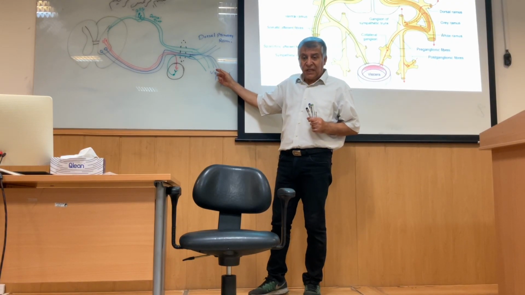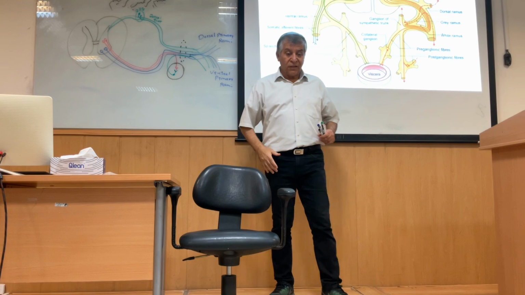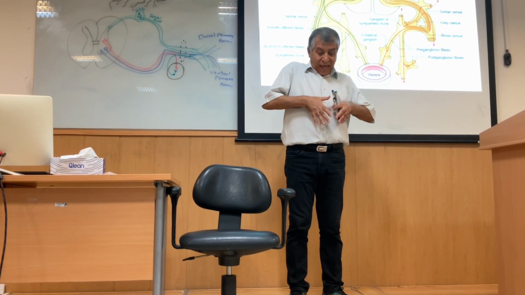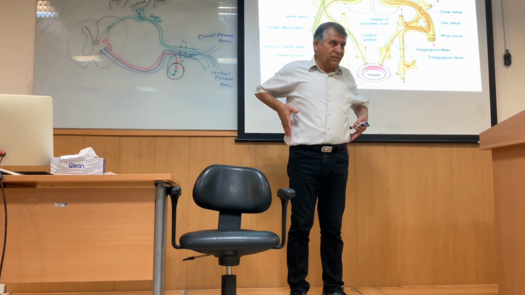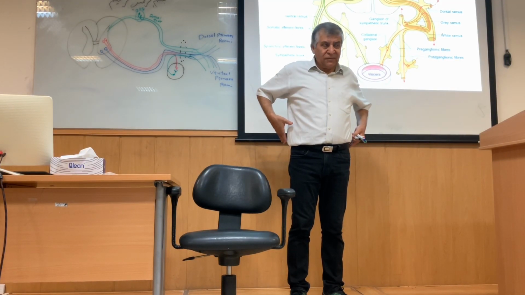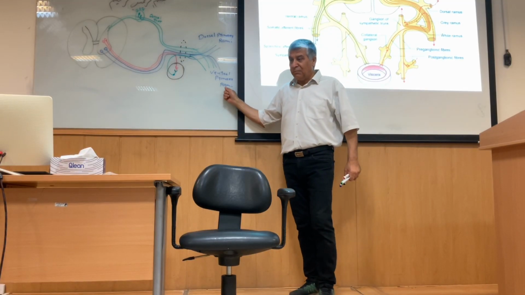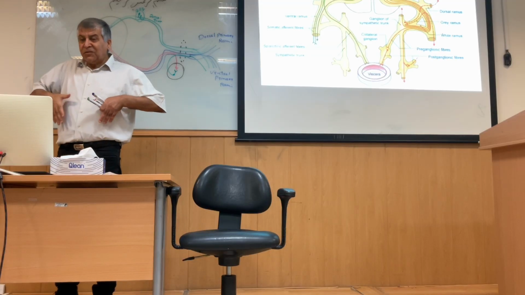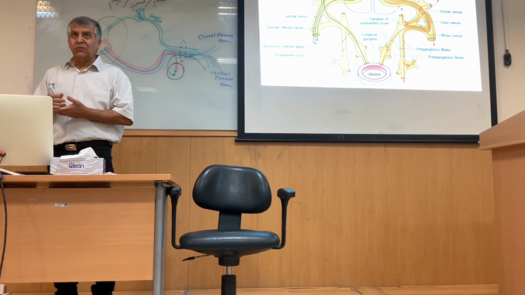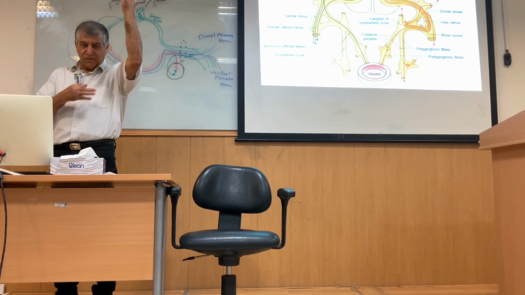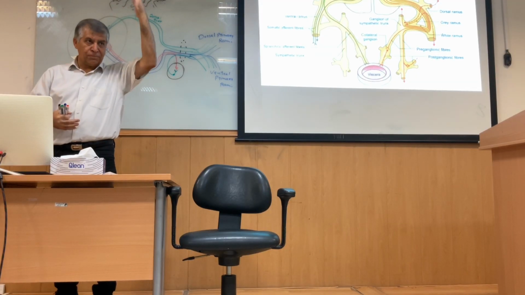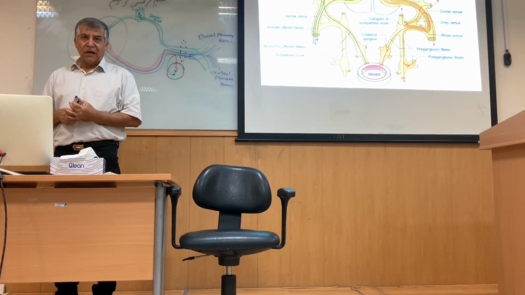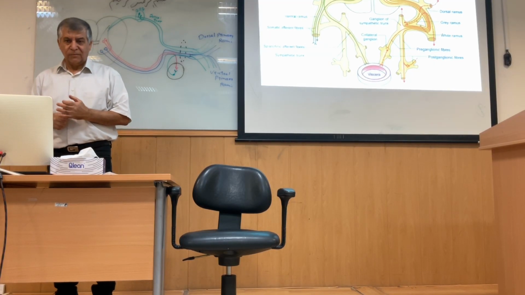The ventral primary ramus innervates skin and muscle of the anterolateral surface. I ask you, the upper and lower limbs are innervated by which ramus, dorsal or ventral?